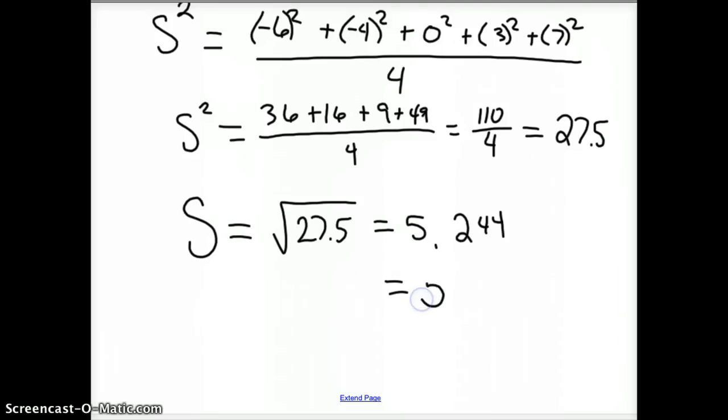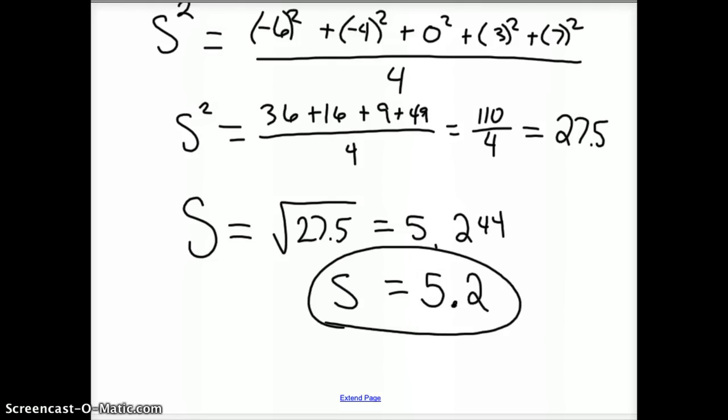You round that to one decimal place beyond the data we have, which would be 5.2. So there's your standard deviation, and we have a much larger spread of data with these Black Lab puppies. And so there is your sample standard deviation and sample variance and how to calculate that. So good luck. I hope this helps, and see you next time.